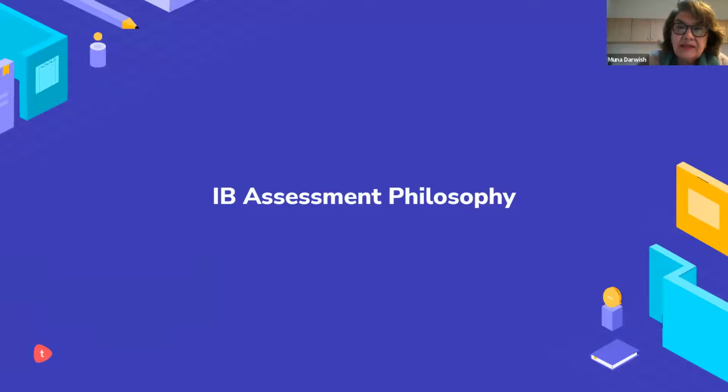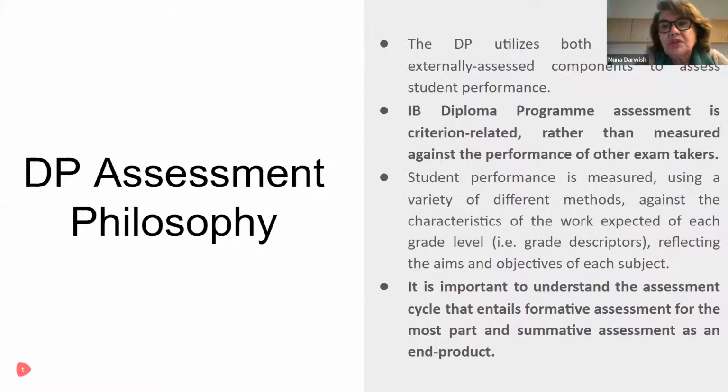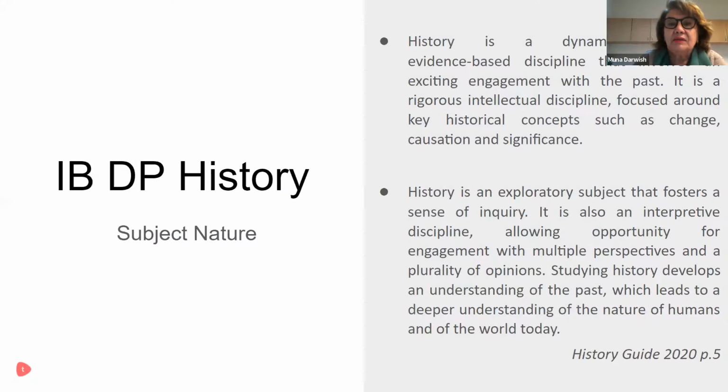Looking at the IB assessment philosophy, which is the focus of this workshop, again, we're looking at the dynamism of the historical narrative, which can be contested, in regards to evidence that is proposed or provided by the historian.